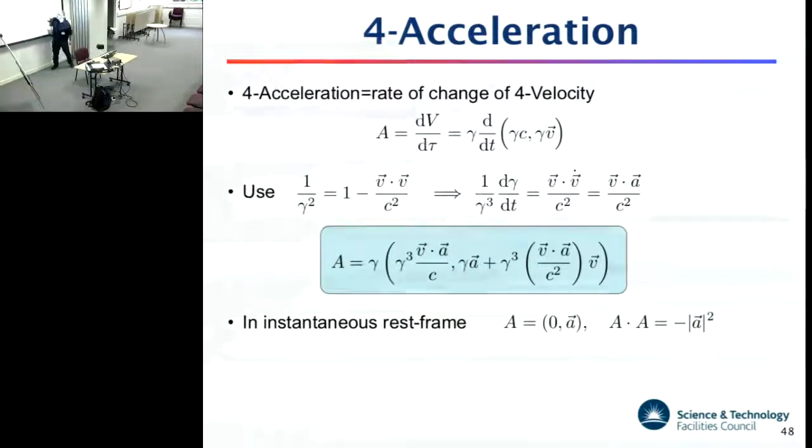So you pick up lots of factors of gamma floating around, and because you've got an extra gamma there, when you convert everything to the Newtonian velocity, you pick up gamma cubed and gamma to the 4 floating around.